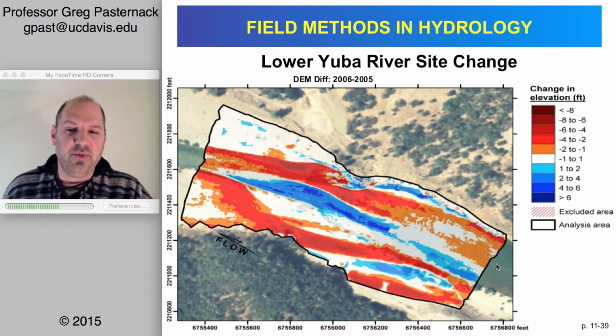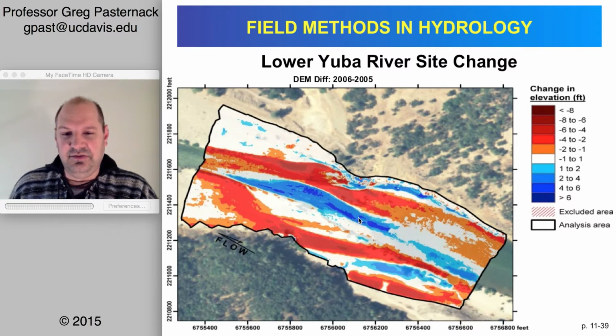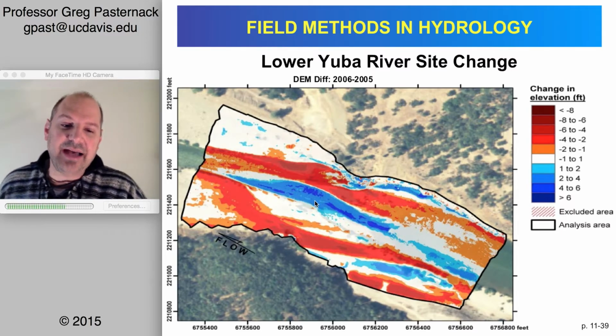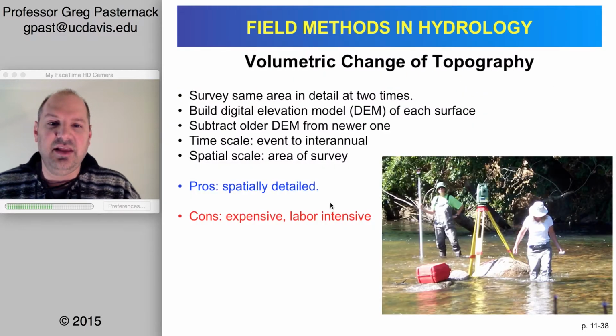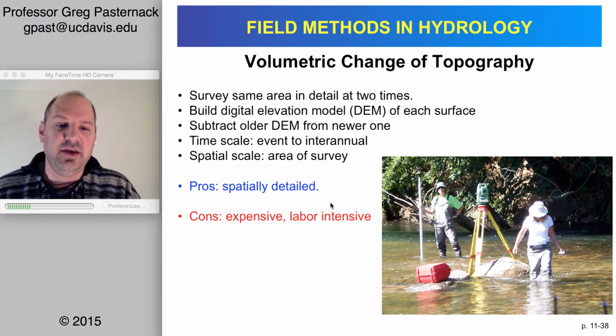So you can see where the river was located. It actually scoured out a side channel on this side, and meanwhile, a lot of material got deposited in the channel where this blue is. So there's a lot of processes that are going on in that, but just seeing the volumetric change of topography is a very powerful tool for understanding erosion and deposition.